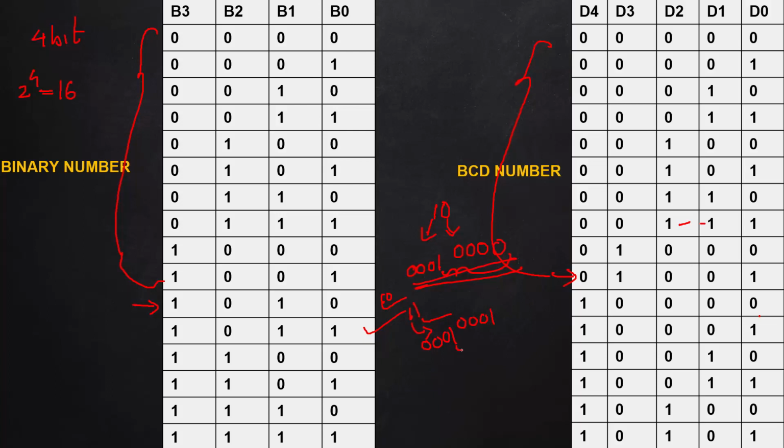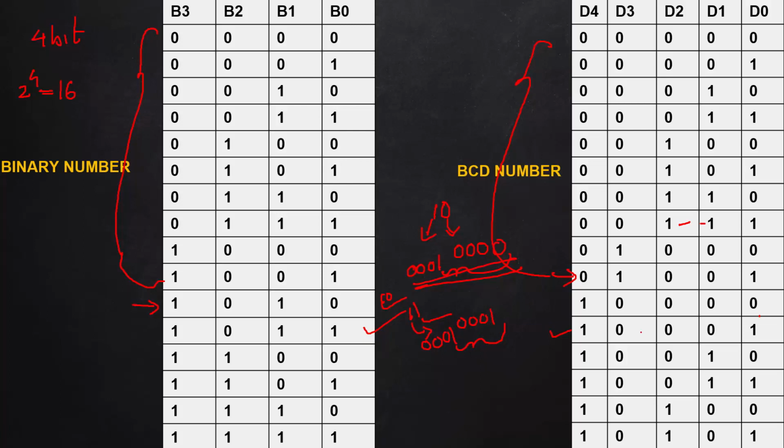So from this representation, it is clear that for representing the BCD of 11, we need a minimum of 5 bits, and the BCD is 10001.